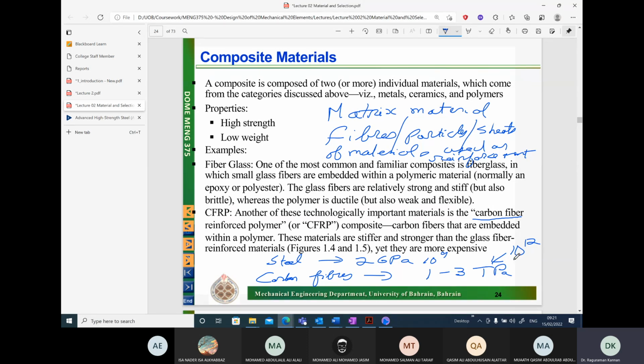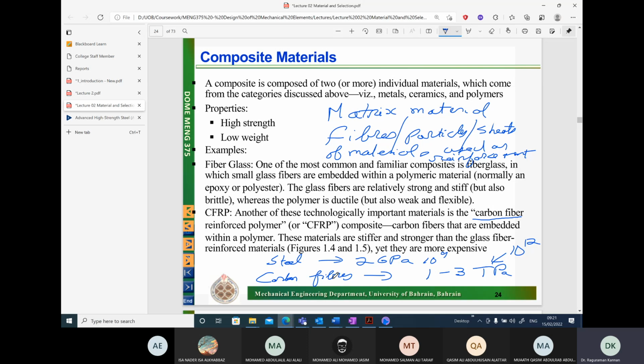Okay, in those kind of applications, expense or cost is not an issue, and therefore we use the very high strength material. So this is the reason why we use carbon as the fiber to reinforce plastics, because of its very high strength. Another advantage, this is a very good insulator.